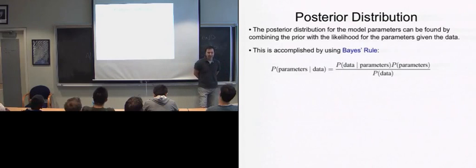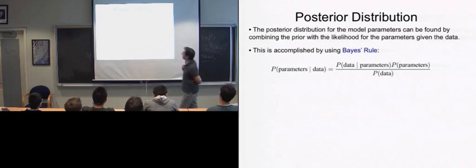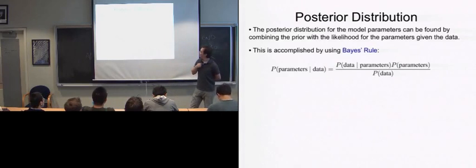We saw a little bit of Bayes rule in our last class. The posterior distribution of the parameters given the data equals, and that's just a mathematical definition, the probability of the data given the parameters, that's our model, which we have to specify, times the prior of the parameters, which we have to specify as well.